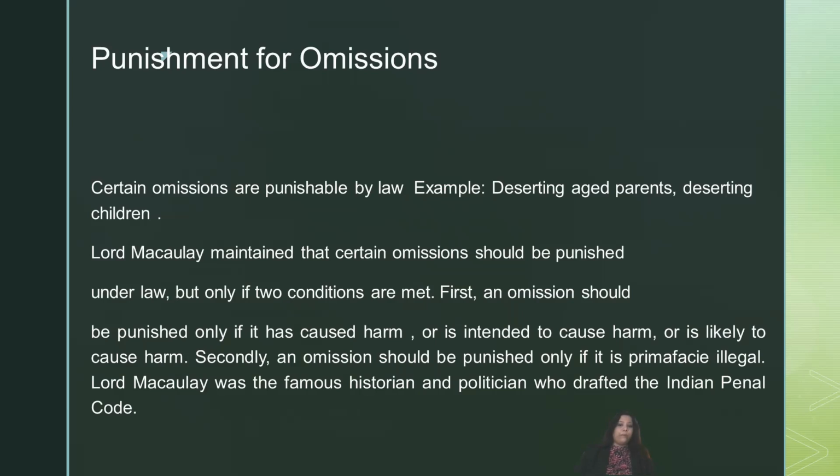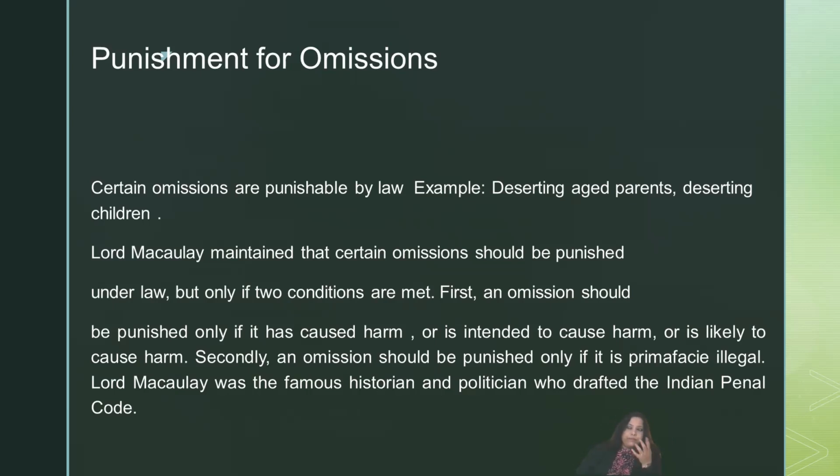First, an omission should be punished only if it has caused harm, is intended to cause harm, or is likely to cause harm. Secondly, an omission should be punished only if it is prima facie, that is, on the face of it, illegal. Lord Macaulay was a famous historian and a politician who also drafted the Indian Penal Code, which lists offenses and the punishments given under it.